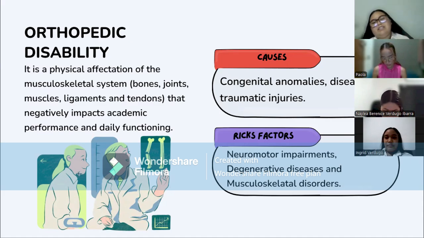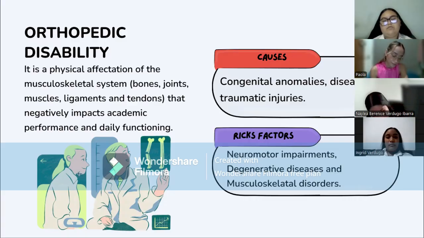The causes are congenital anomalies, disease, and traumatic injuries. The risk factors are neuromotor impairments, degenerative diseases, and musculoskeletal disorders.